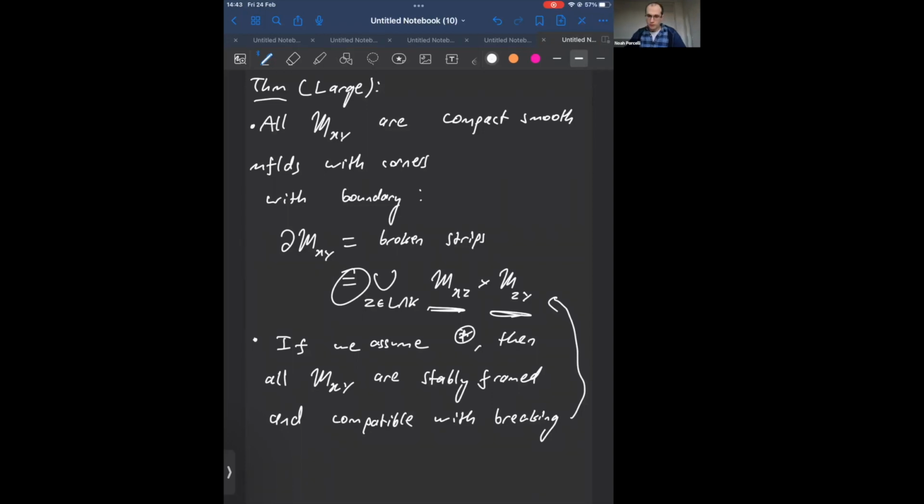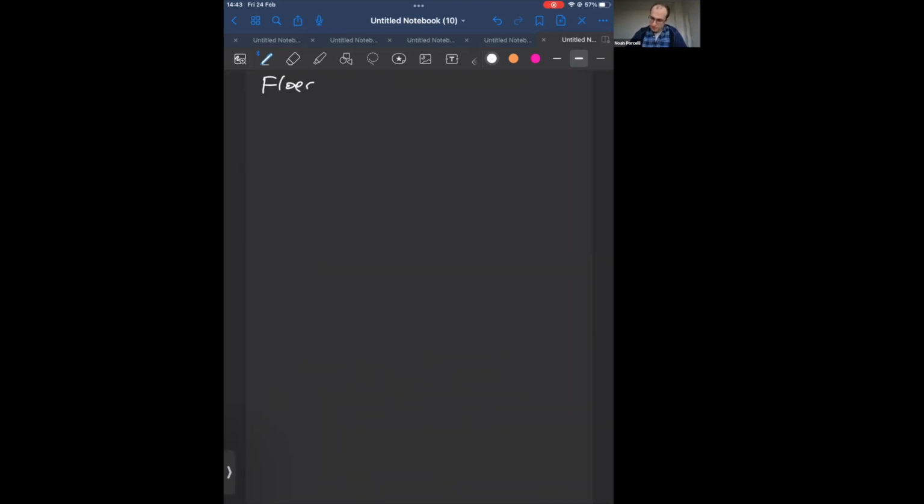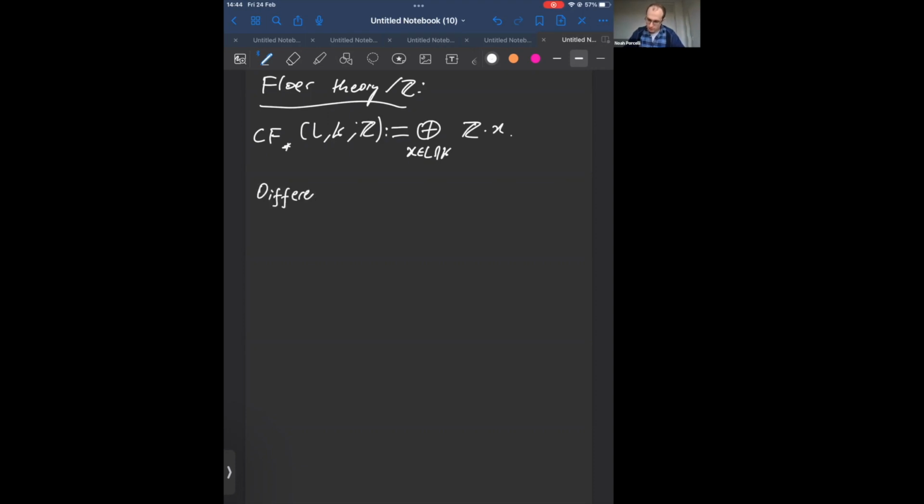Once you have all of this structure on the moduli spaces, what you normally do to build Floer theory over Z is define a chain complex CF star of L, K over Z to be the free chain complex generated by the intersections between L and K, the direct sum over x in L intersect K of Z times x. Then I give this a differential. I should say that I haven't written it, but there is a grading on all of these as well.